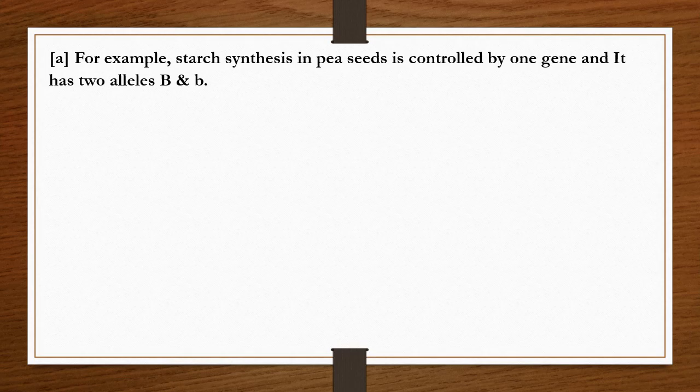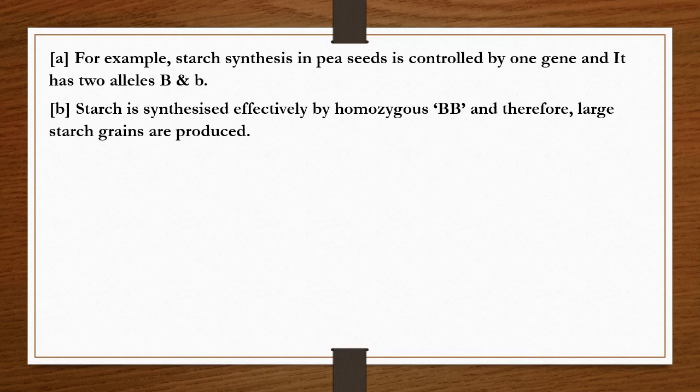These are the genes which control starch synthesis in pea seeds. Starch is synthesized effectively by homozygous capital B capital B. So more starch is synthesized when genes are present in homozygous capital B capital B. Therefore, due to synthesis of more starch, the size of the grain is large.